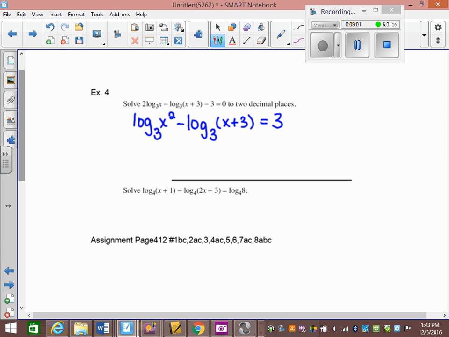Okay. They have ones in front of them, so we can put them together. Log base 3. X squared stays on the top because it's positive. X plus 3 goes to the bottom because it's a negative 1, equals 3. What do I do for my next step?